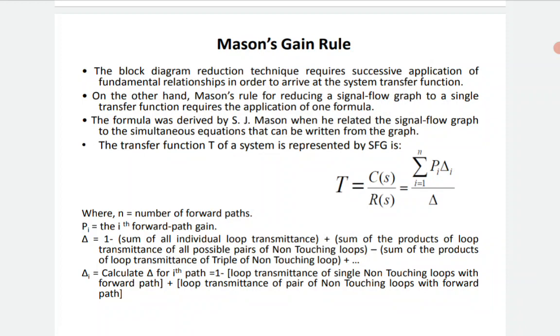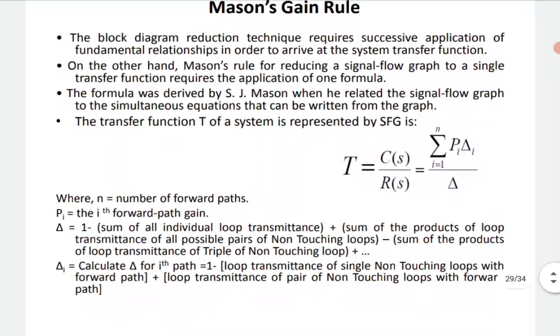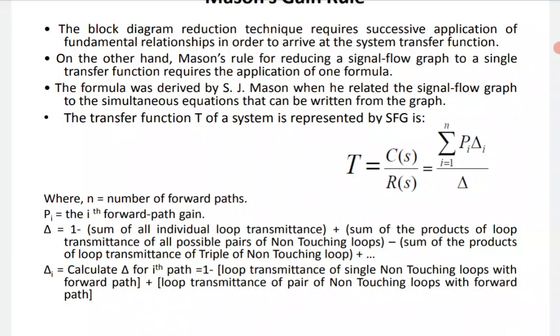The transfer function T of a system represented by an SFG is T equals C of S by R of S, equals summation i runs from 1 to n of P suffix i delta suffix i, total divided by delta, where n is the number of forward paths and P suffix i is the ith forward path.